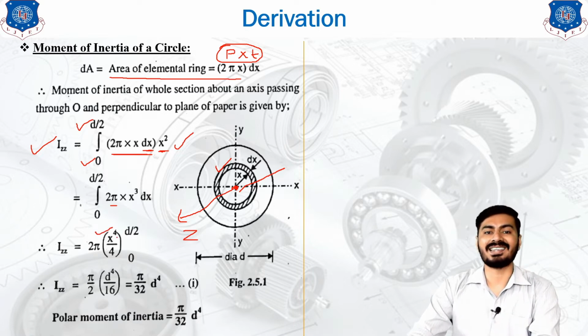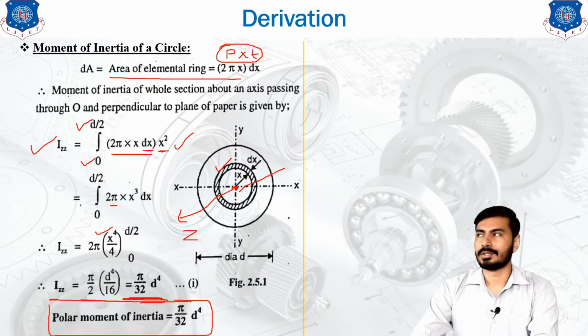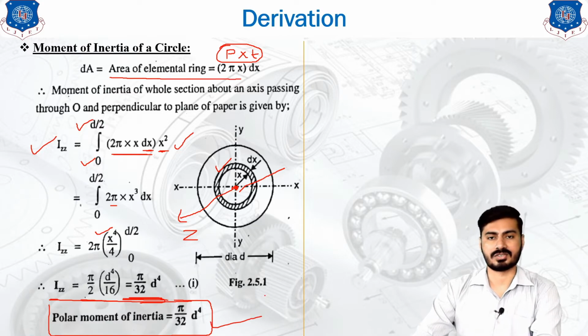So if you apply the limits in that particular integration, you will have to simplify this equation. After the simplification, you will get the answer of Izz as pi by 32 d raised to 4, and that is nothing but the polar moment of inertia, pi by 32 d raised to 4. So this was our basic formula of the polar moment of inertia.